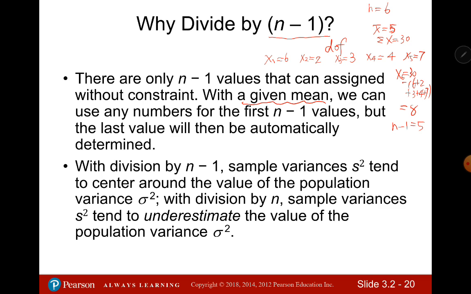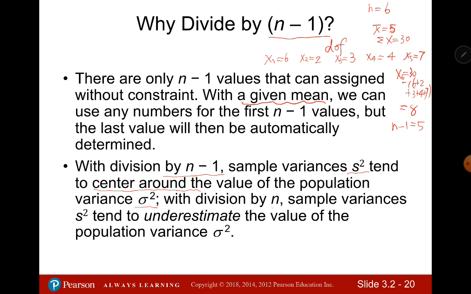The second reason: if we use n minus 1, then s squared tends to center around sigma squared. Which means if we pick n minus 1, then the sample variance s squared will be an unbiased estimator for sigma squared.